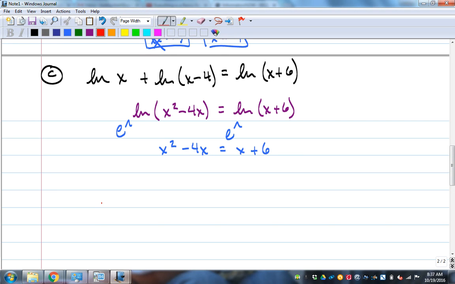All right. So what do I need to do to this? Get it equal to what? 0. That's the name of the game. So subtract x. We'll subtract 6. It'll be x squared minus 5x minus 6 equals 0.